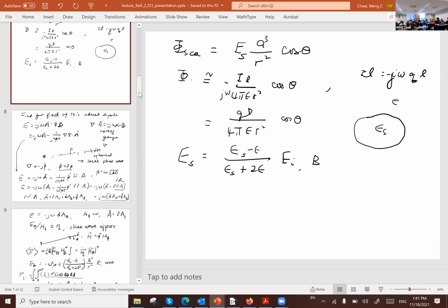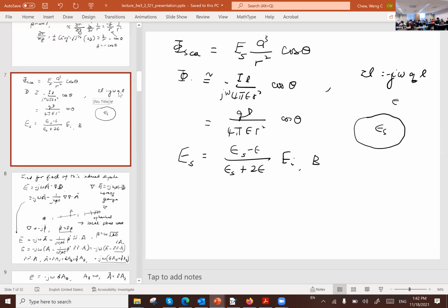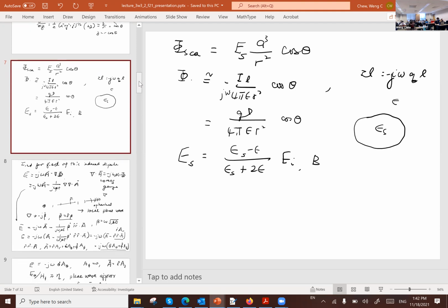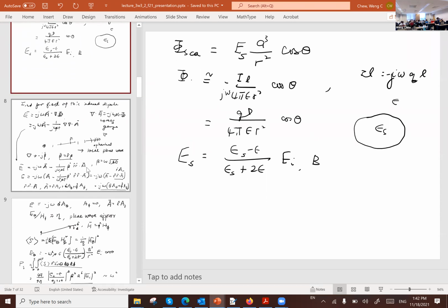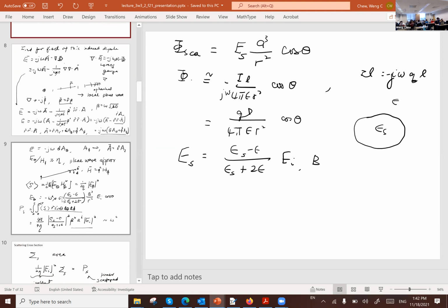I see one omega coming into here, and then the gradient of P, and then A. Yeah, I couldn't find a quick way to explain why this is omega squared.